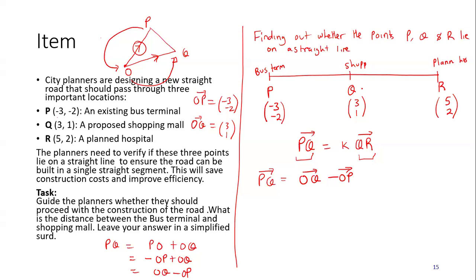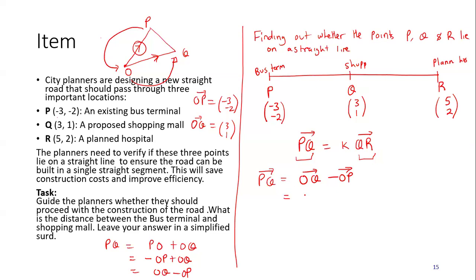Whenever you find a vector with O, it is a position vector. When you find a vector without O, those are displacement vectors, like PQ is a displacement vector. Thank you, sir. Okay.